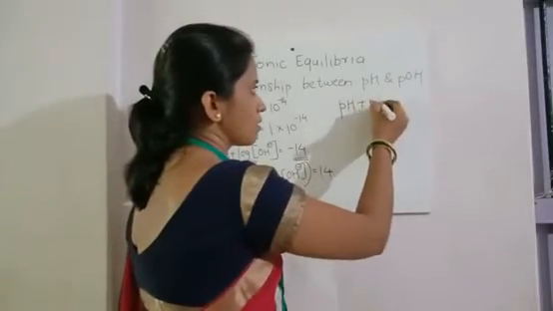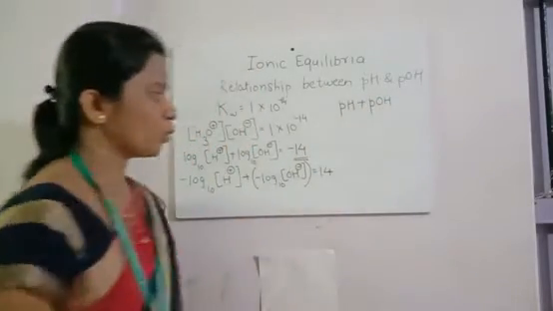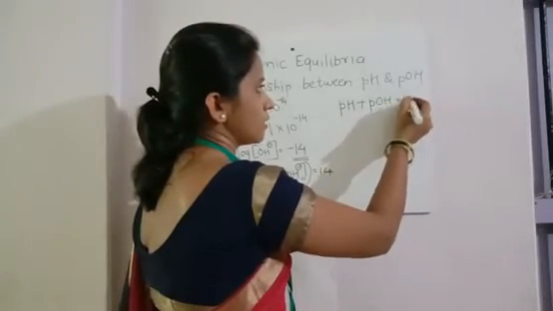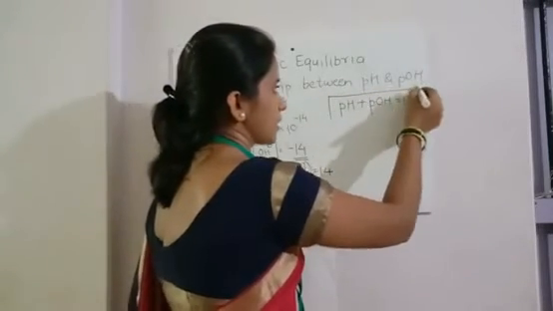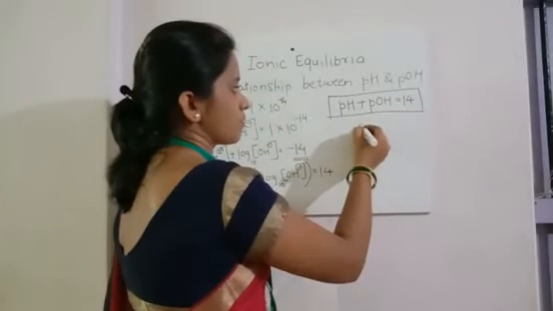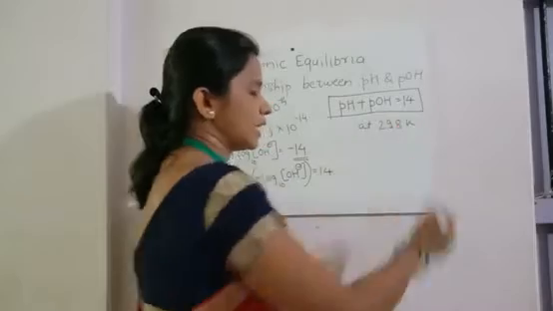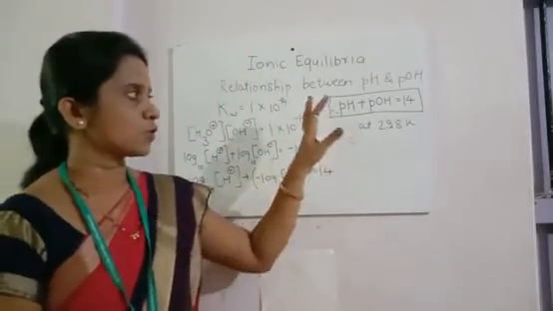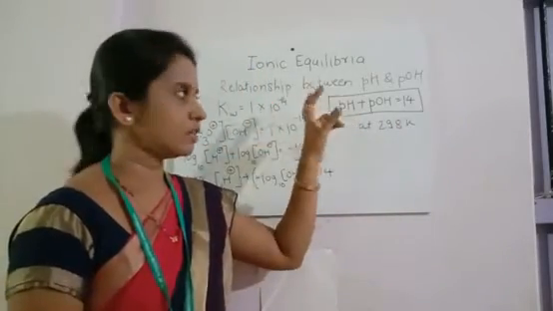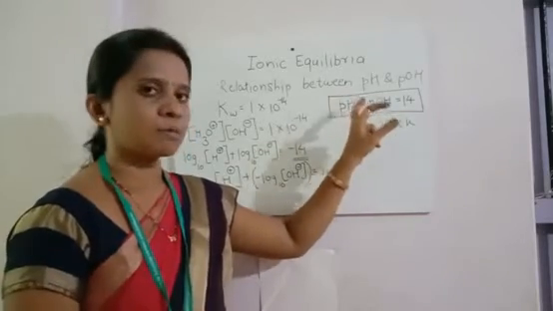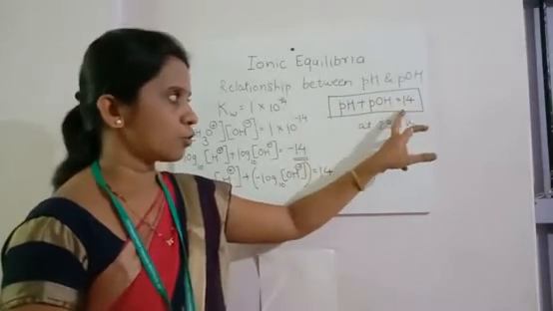That means pOH, which is equal to 14 at 298 Kelvin. So this is the relationship between pH and pOH: pH plus pOH is equal to 14.